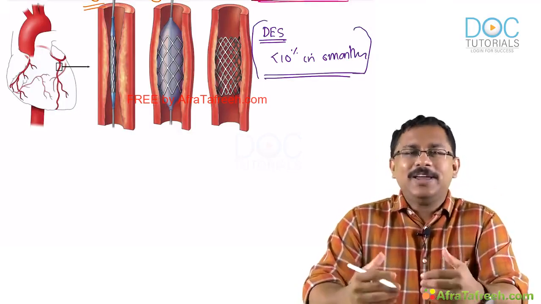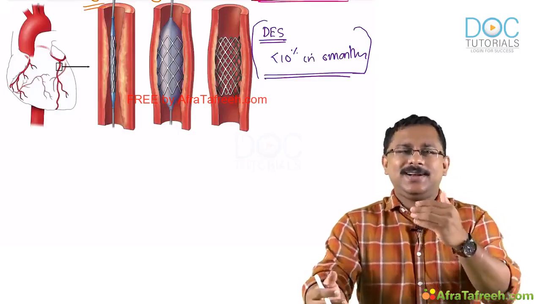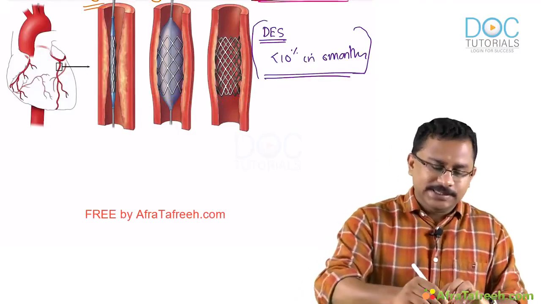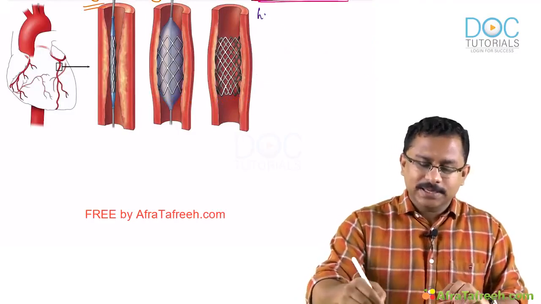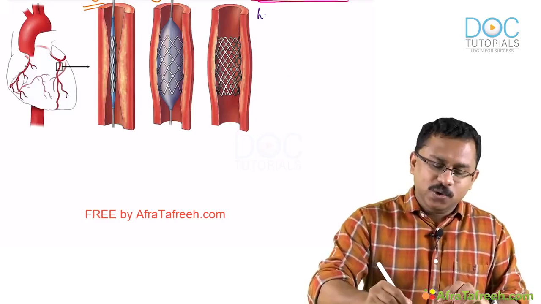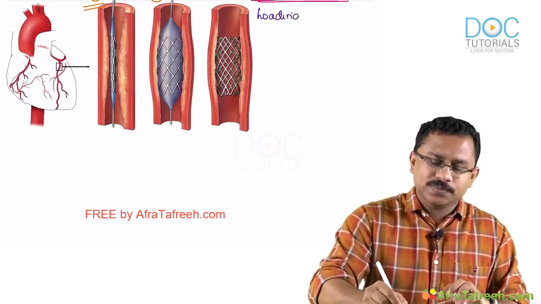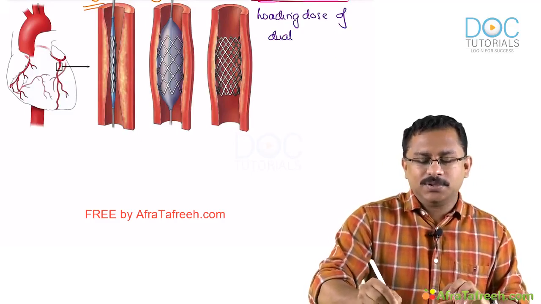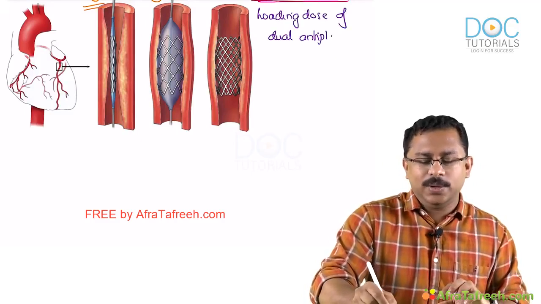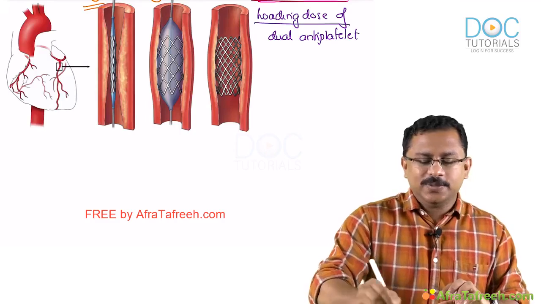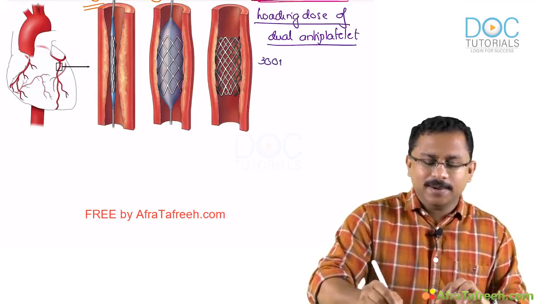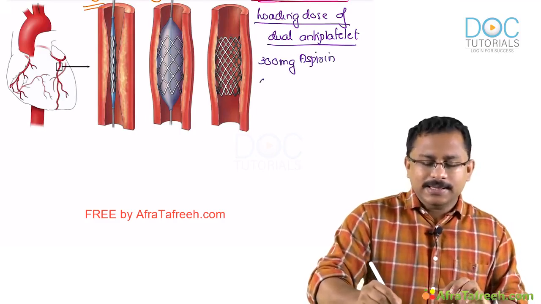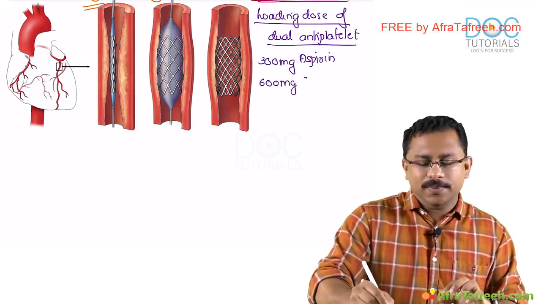So always remember, when you perform a procedure like a percutaneous coronary intervention, before the procedure you will give a loading dose of dual antiplatelets. You can give, say, 300 milligram aspirin and 600 milligram clopidogrel.